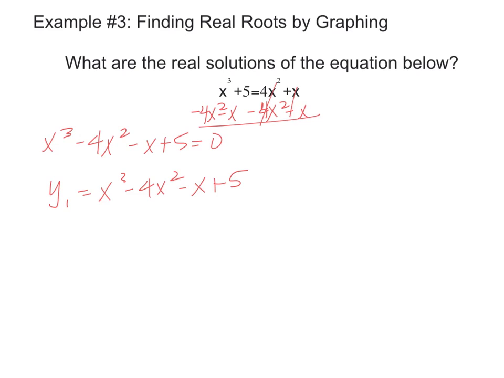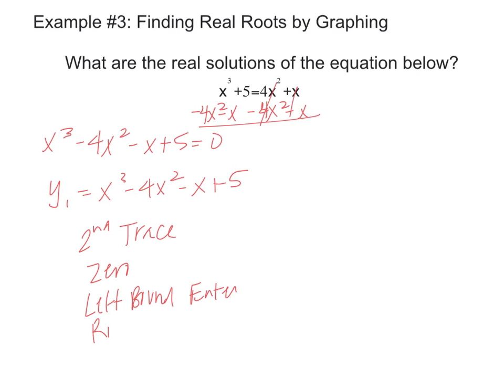At that point, you can press graph, and remember you press second trace and then go down to 0, and then from there remember it's left bound, enter, right bound, enter, and then enter again.